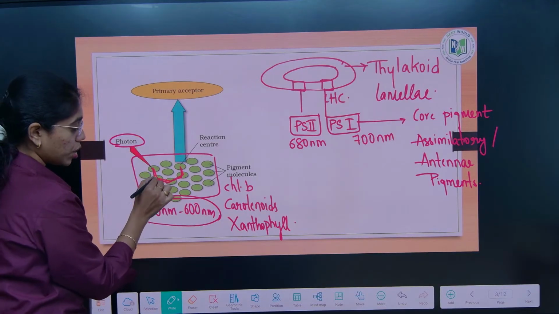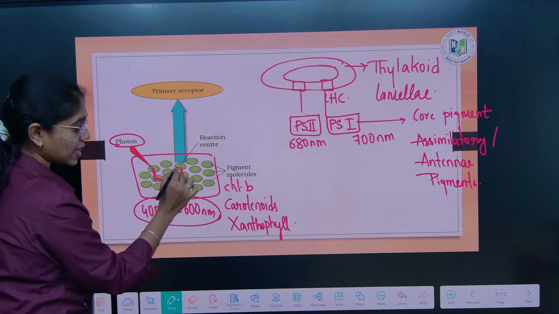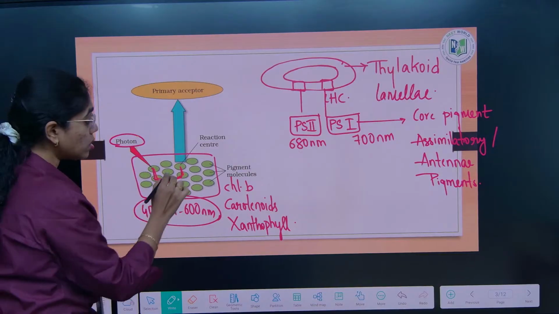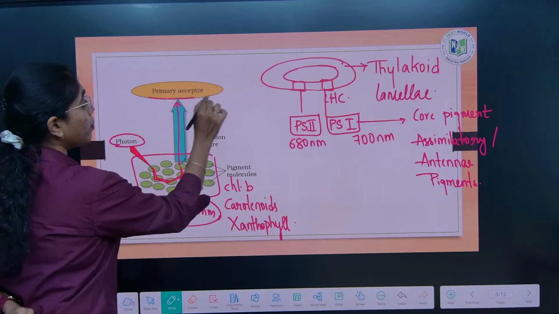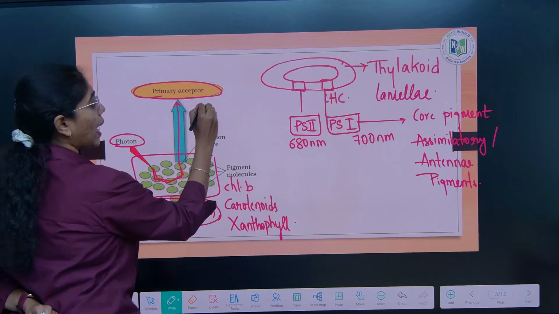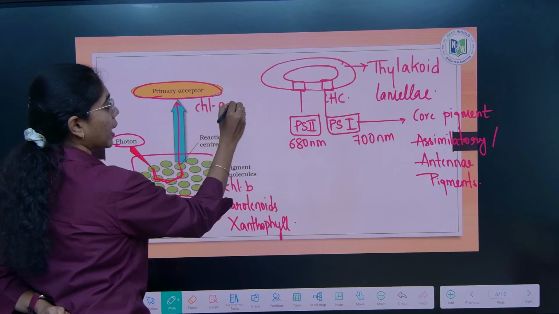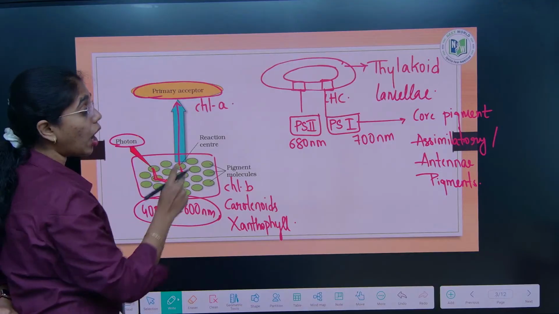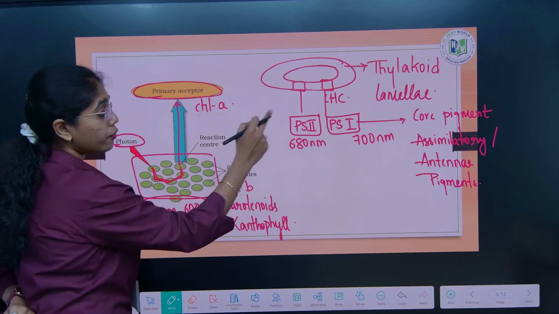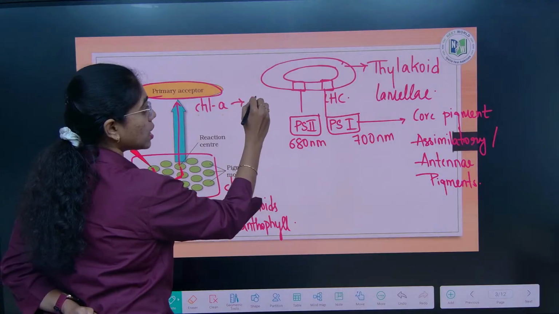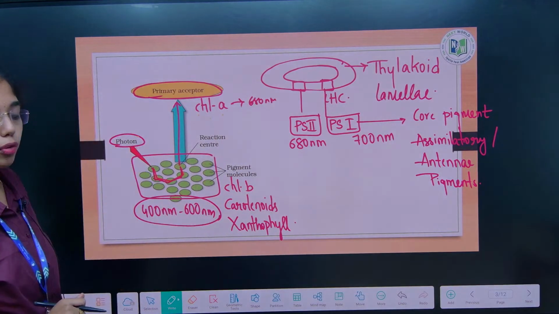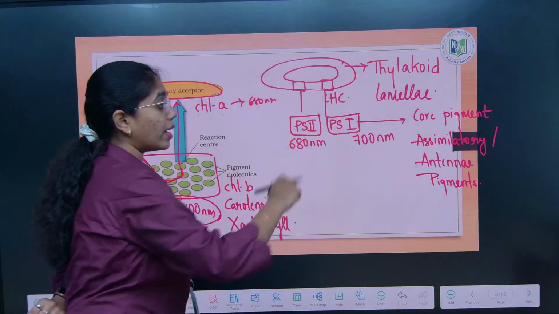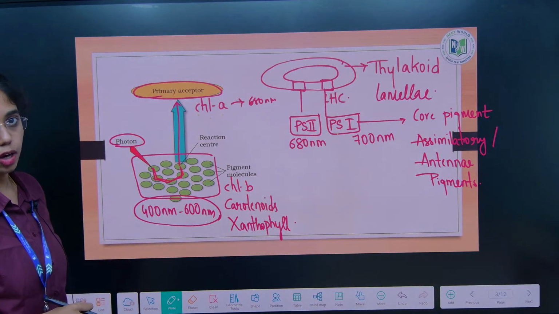Absorbing the energy, the electrons get excited from the pigment molecules and the excited energy is transmitted to the primary acceptor. Primary acceptor is chlorophyll A and the absorption maxima of chlorophyll A in photosystem 2 is 680 nanometers and in photosystem 1 is 700 nanometers.